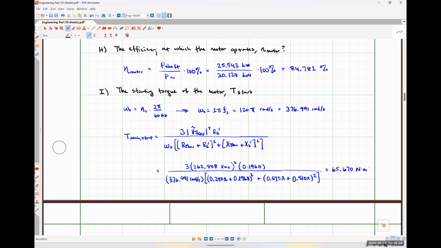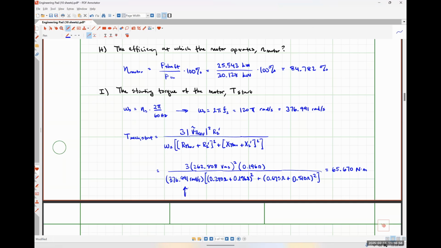Newton meters. Just to be really clear where those units are coming from, a Newton meter is the same thing as a joule. That's just energy, right? So we have voltage squared divided by resistance, because we have a resistance squared in the denominator. What's V squared over R a measure of? Power in watts.